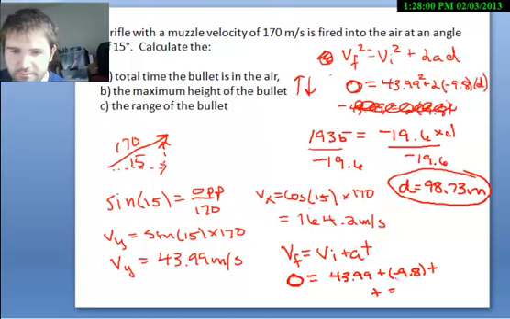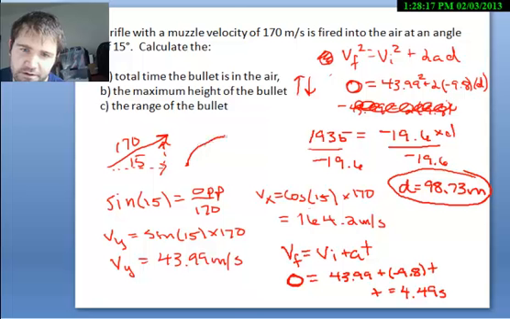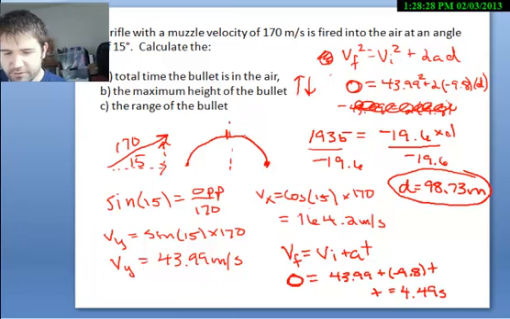I solve for time, and I get 4.49 seconds. That's going to be half the total time it's in the air, because that's the time it takes to get from here to the peak, and then if we multiply that by 2, that'll tell us how much time it takes to get all the way back to the ground. So we multiply that by 2, and this bullet will be in the air for 8.98 seconds.